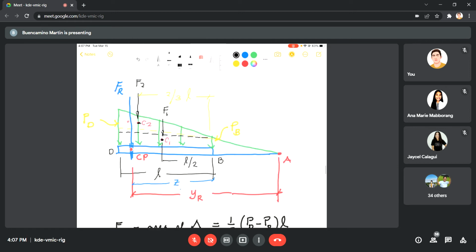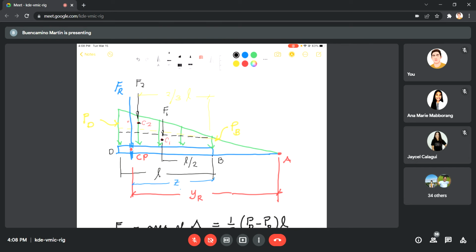Okay. So having a distance of Y sub R with respect to A. But as far as F2 and F1 is concerned, ang distance niya with respect to B would be L over 2 and two-thirds of L respectively for F1 and F2. So, para makuha natin yung Y sub R, kailangan kunin muna natin yung distance from B to the center of pressure.